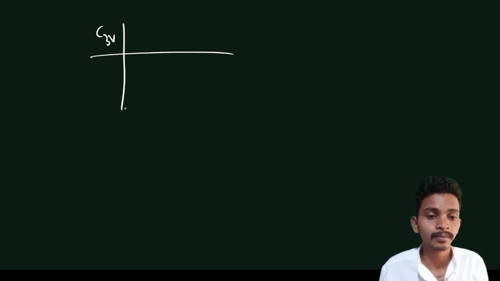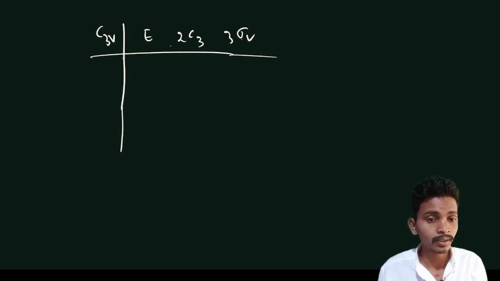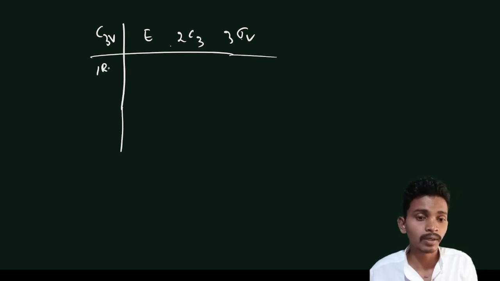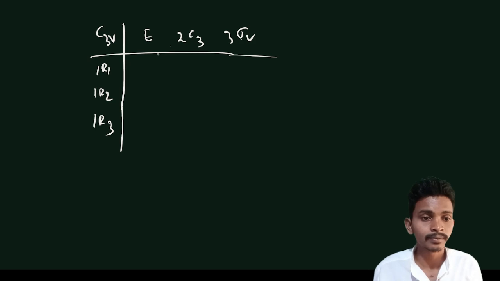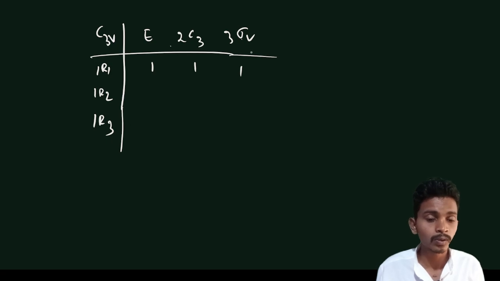After discussing this, now let's discuss C3b. Then what are the characters it has? E, 2C3, 3 sigma b. So there are 3 classes, so I will do 3 representations, IR1, IR2, IR3, and this is always 1, 1, 1, and this is going to be the order of the group.